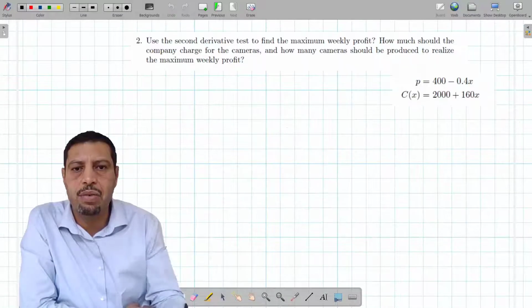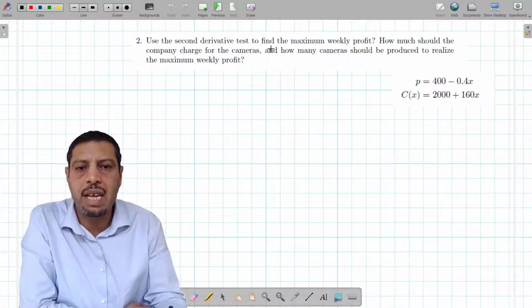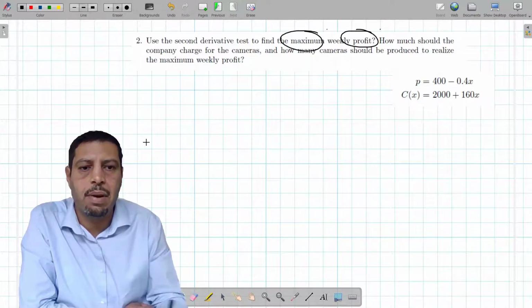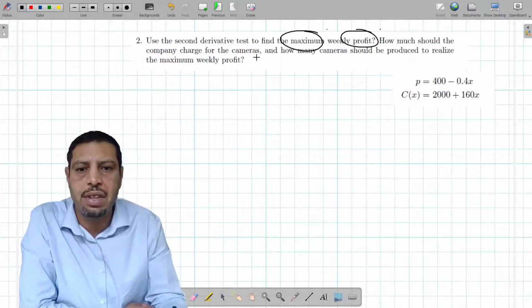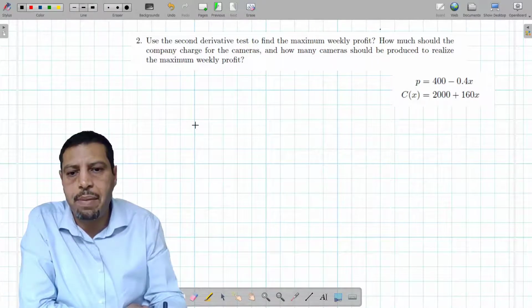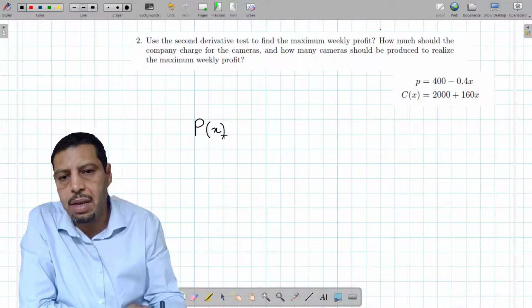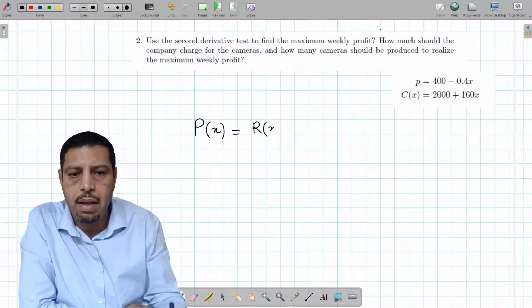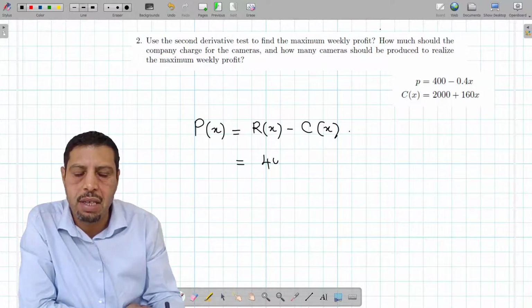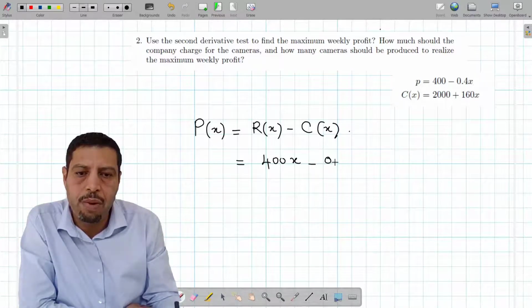Now let's move to the second question, which is to use the second derivative test to find the maximum weekly profit. How much should the company charge for the cameras, and how many cameras should be produced to realize the maximum weekly profit? First, we have to determine our profit function. The profit function equals the revenue function minus the cost function. The revenue function, you obtained in the previous question: 400x minus 0.4x squared, minus the cost function.